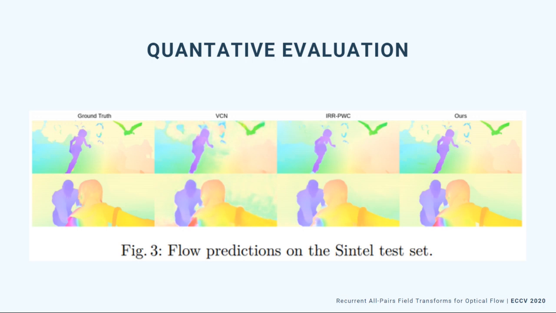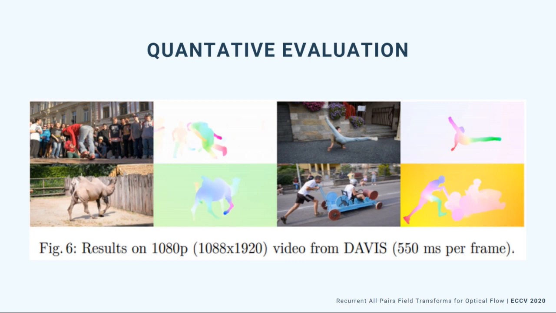Here in RAFT, the bird is seen very clearly, and in other models, we see the bird is blurred, or we cannot identify what this is. So RAFT also gives the best quality outputs on the Davis dataset compared with the other methods.